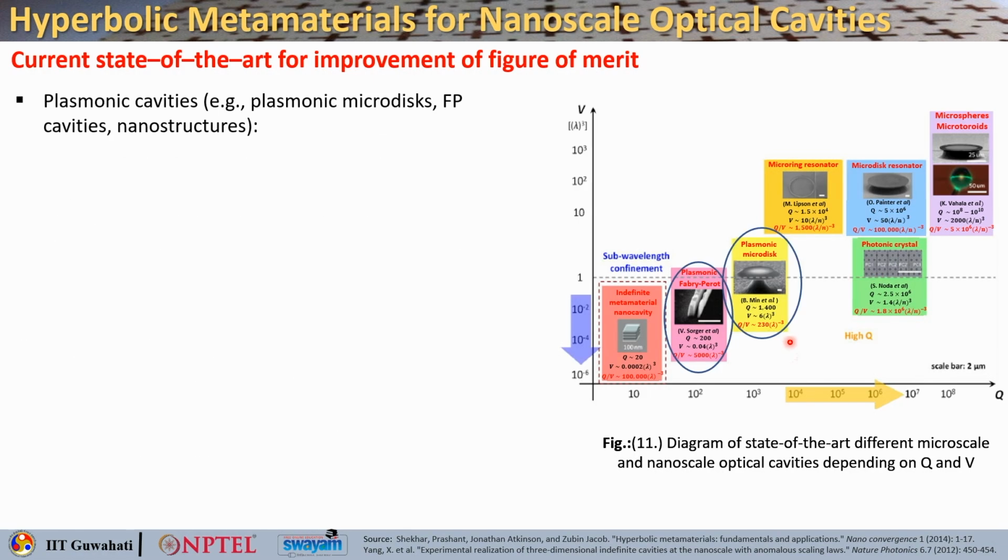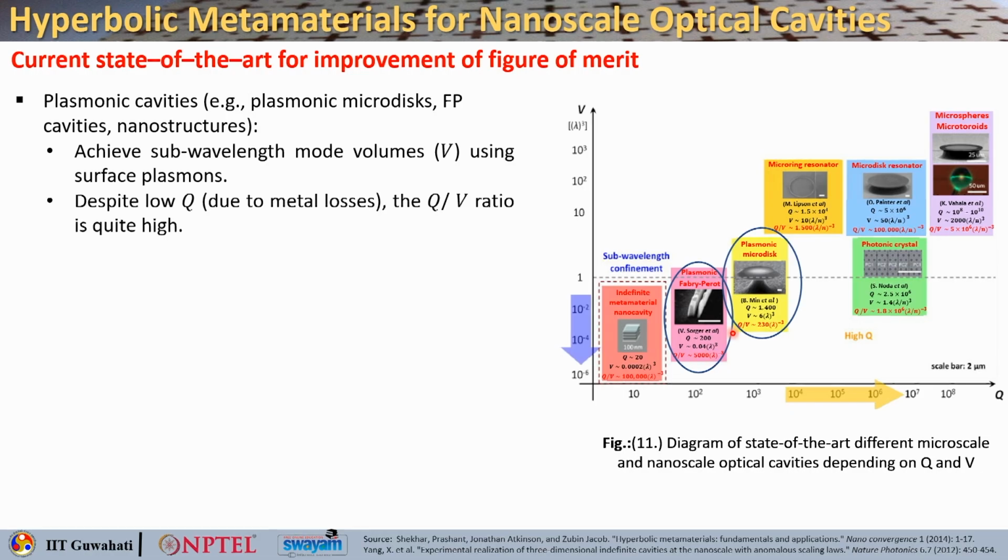You cannot go sub wavelength. Then you can move towards plasmonic cavities, where you can think of plasmonic microdiscs or Fabry-Pérot kind of nanostructures. There you can achieve sub wavelength mode volume. You can see V is very small, 0.04 lambda cubed. Although the quality factor Q is not good in this case because of the loss inherent to plasmonic metal, you can still appreciate that the Q by V ratio is pretty high.